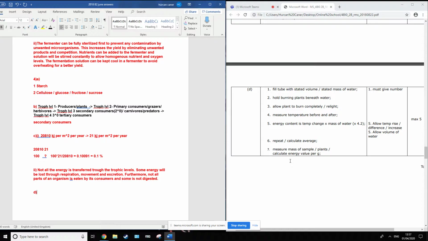Then you're going to burn it, but you hold it underneath the test tube and see how much the temperature changes. How much increase is there in the temperature of the water after you burn the sample. So if you look at page 61, you will see what I'm talking about.